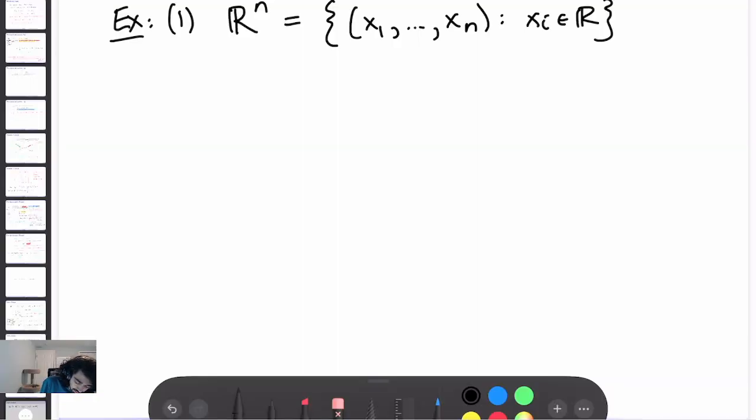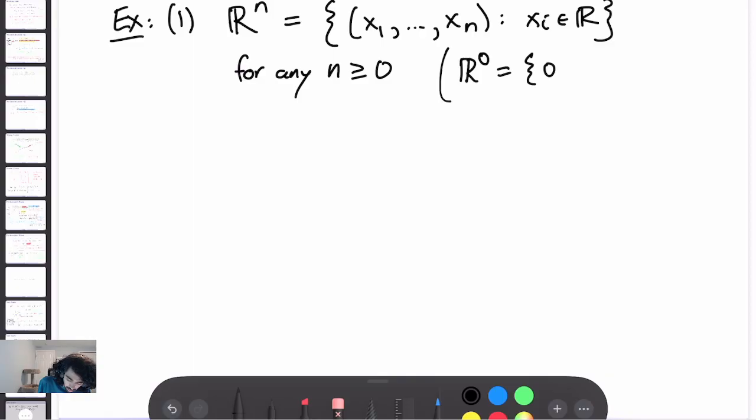I'm going to allow n to be any number greater than or equal to 0. You might wonder how 0 works. We take the convention that R0 is the vector space that only contains the identity element. An easy, somewhat boring exercise: check that this satisfies the axioms.